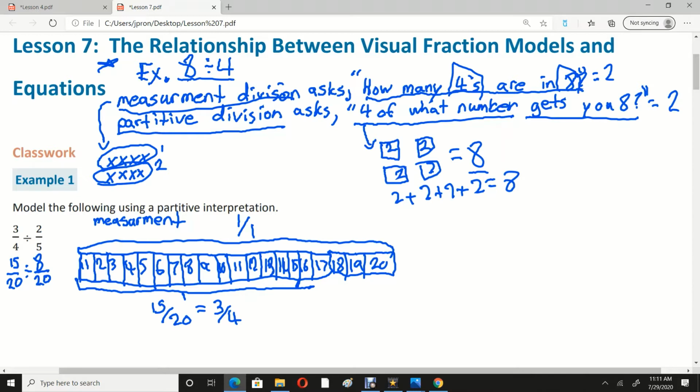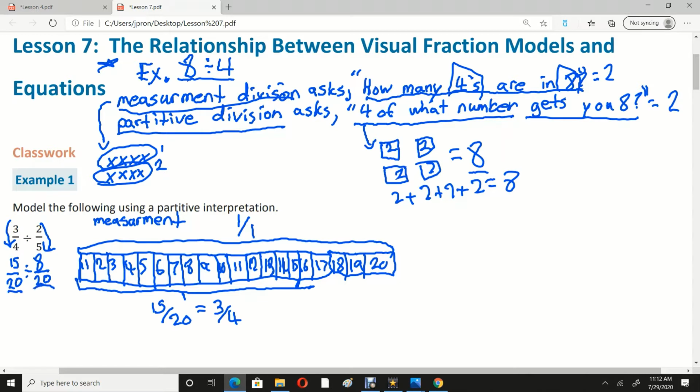So the way we would model our first example problem down here using measurement division, which is how we were doing it in the previous lesson, lesson 4, was we first had to take the fractions and give them common denominators, which I did right here. Okay, so go back and look at the lesson 4 video if you're confused on how to turn these into equivalent fractions with common denominators, right?